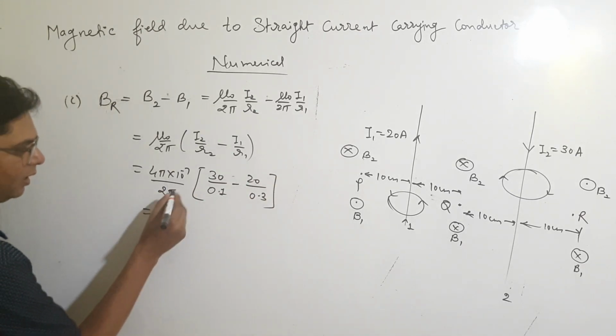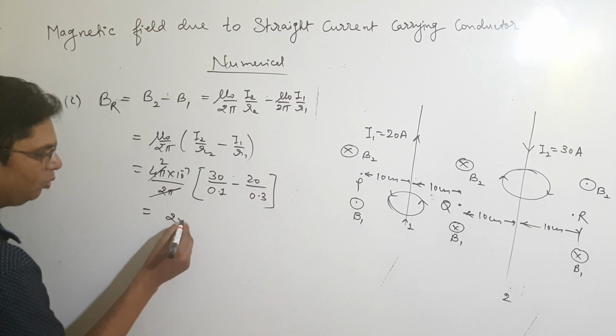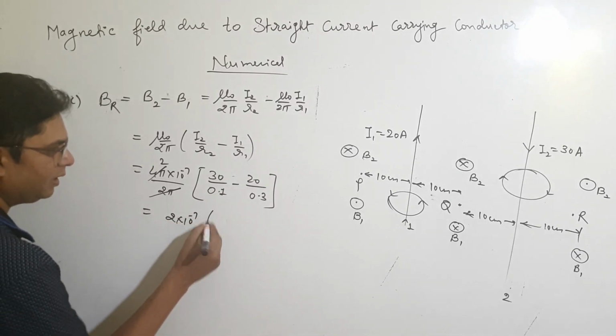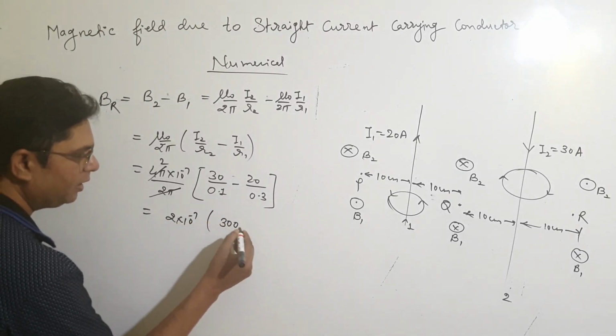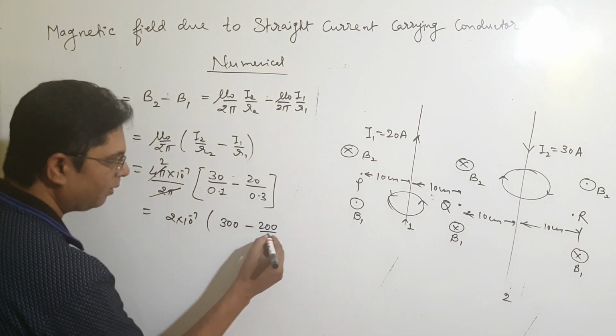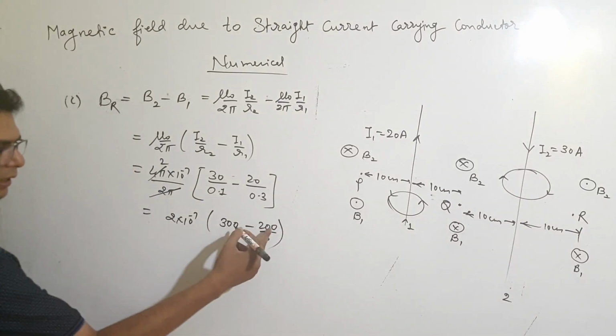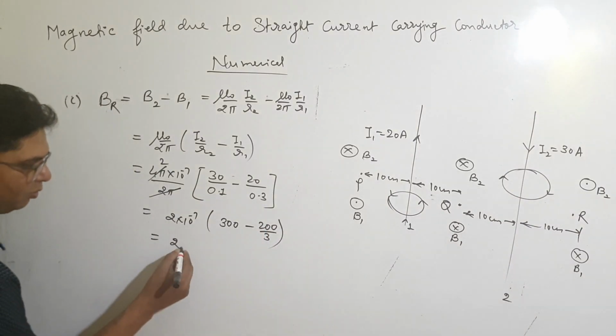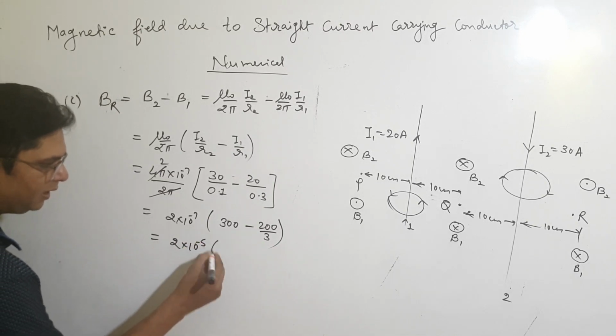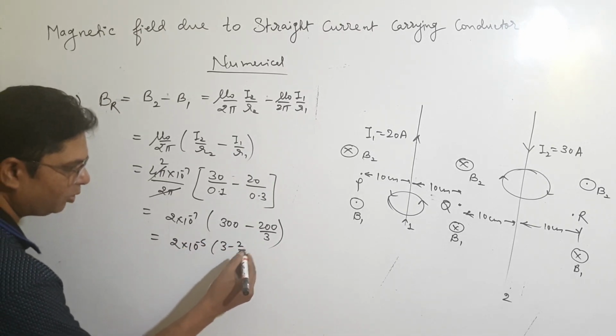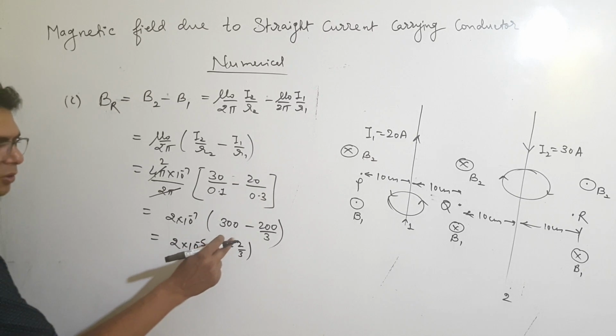So again you have 2 here, 2 times 10 to the power minus 7 under bracket 300 minus 200 upon 3. Take the 100 outside. So you have 2 into 10 to the power minus 5, 3 minus 2 upon 3, 3 into 3 is 9 minus 2, 7.